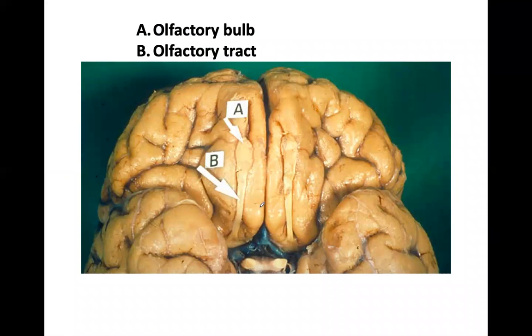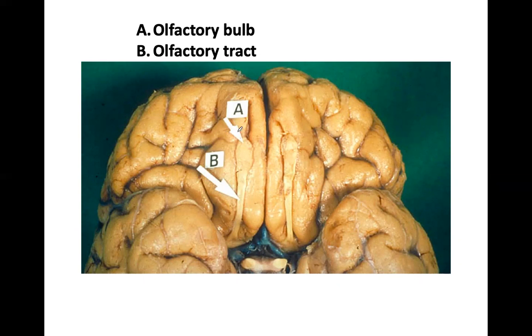Looking underneath the brain, orienting you again, this is the frontal lobe, and this is basically underneath the brain. And right here on either side, that's your temporal lobe. Now, if you can imagine, your nose would be right here, basically sticking out of the computer.